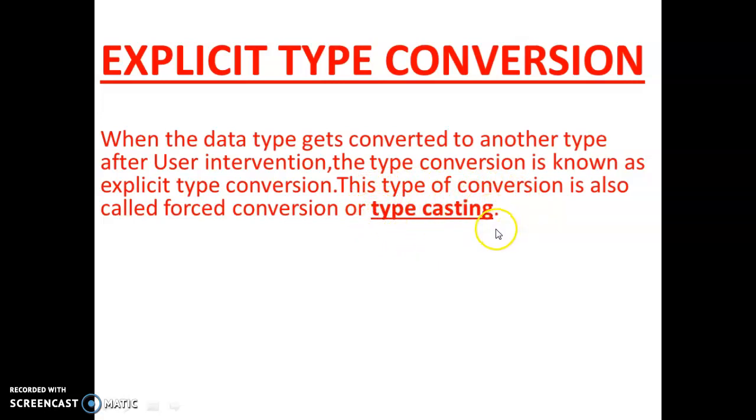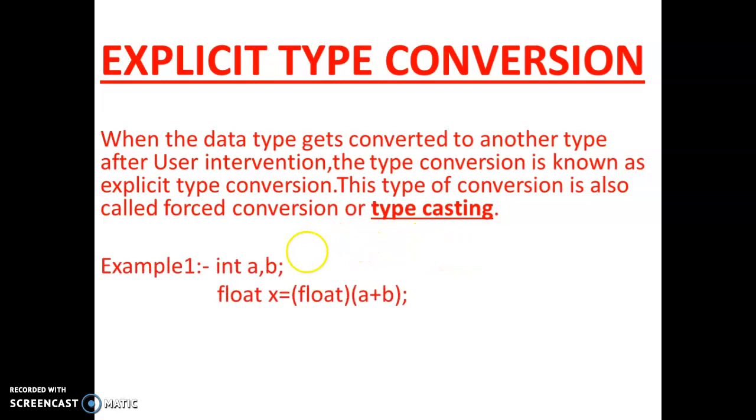Many times in the board paper, what is typecasting comes instead of explicit type conversion. So it is the same. You write down only the definition of explicit type conversion when typecasting comes. So typecasting means we as a user forcibly convert it.